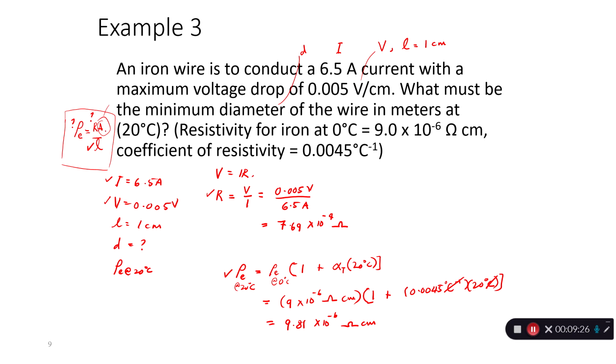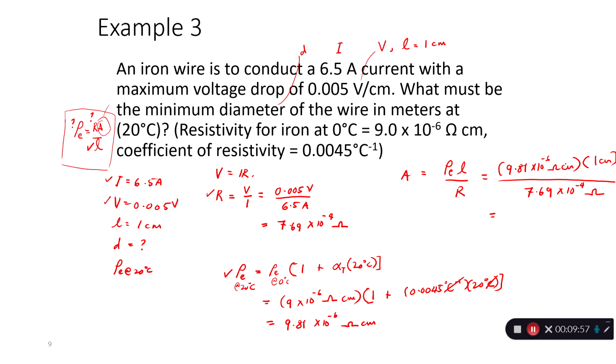We can calculate the area. I'm going to rearrange that equation. Area equals resistivity times length divided by R: 9.81 times 10 to the minus 6 ohm cm, times length of 1 centimeter, divided by resistance of 7.69 times 10 to the minus 4 ohm.